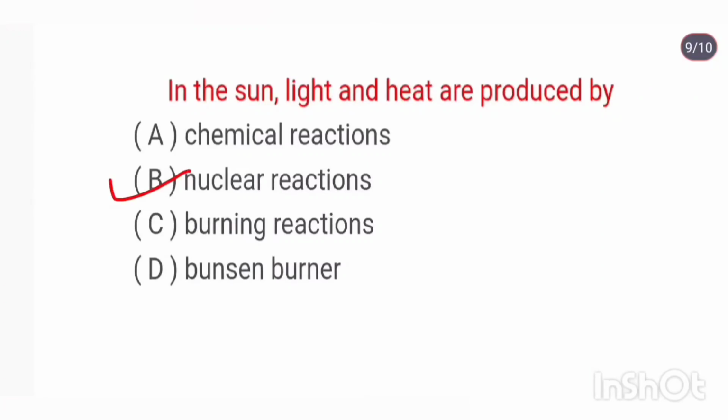The sun, like all stars, contains mostly hydrogen. It produces energy from nuclear fusion reaction where hydrogen is converted to helium. This fusion reaction occurring inside the sun produces a lot of energy in the form of heat and light.